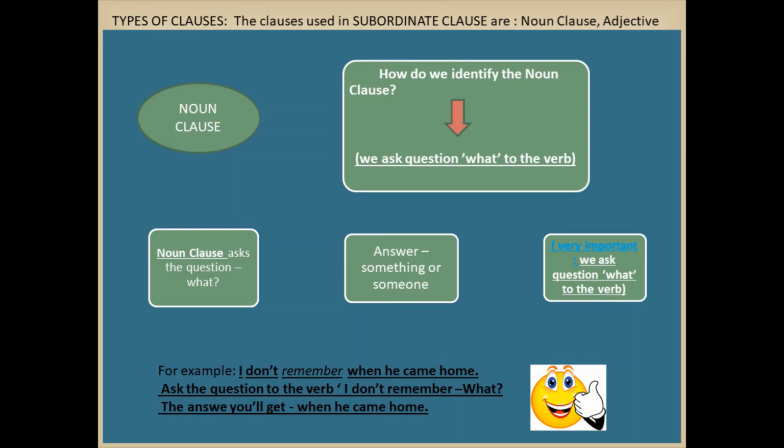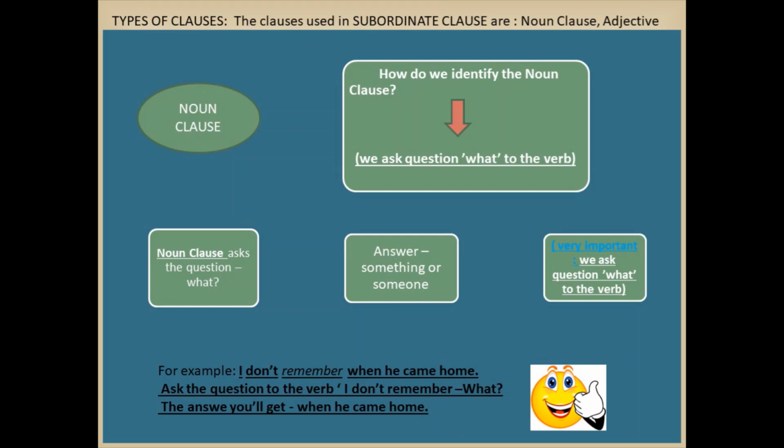We ask the question what to the verb. So the noun clause answers the question what, and the answer we get is something or someone. And very important, we ask the question what to the verb of the sentence. You get that? For example, I don't remember when he came.